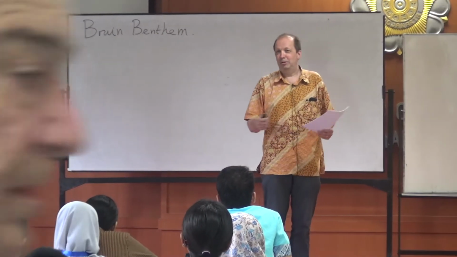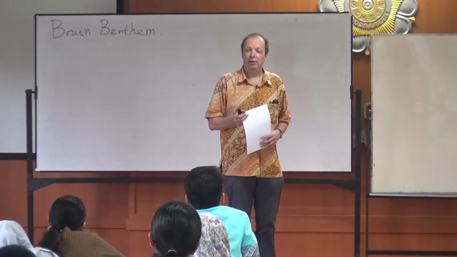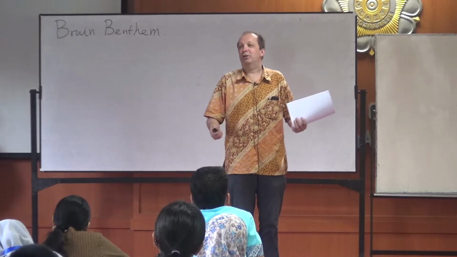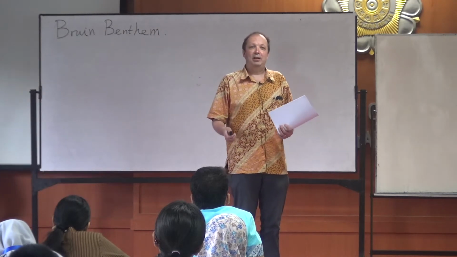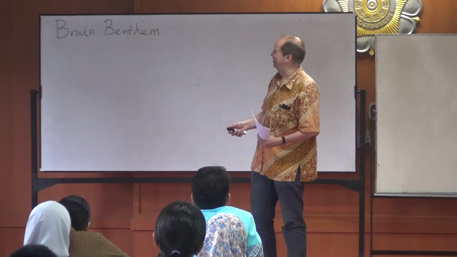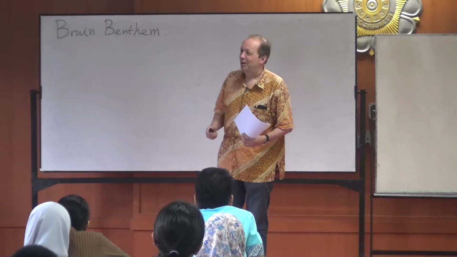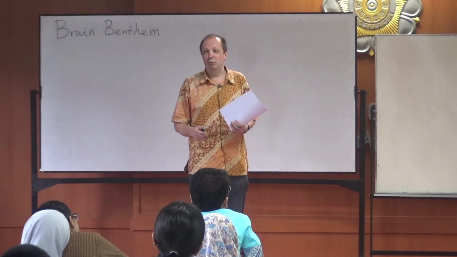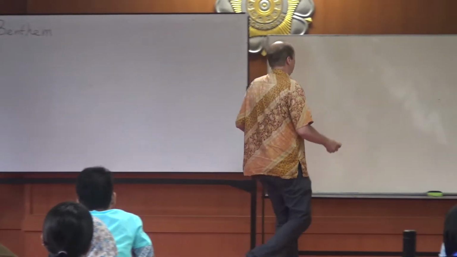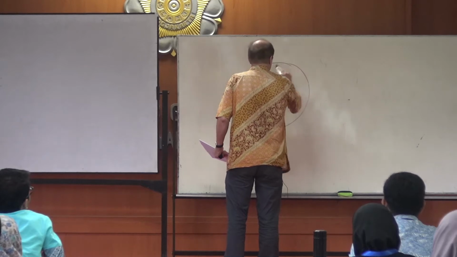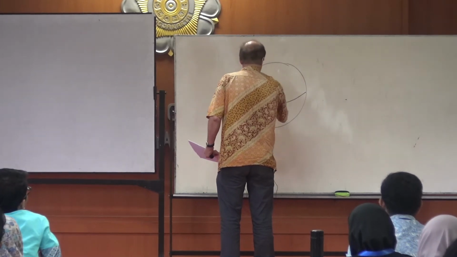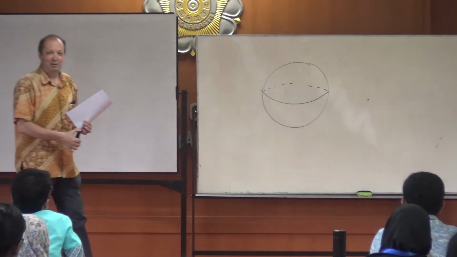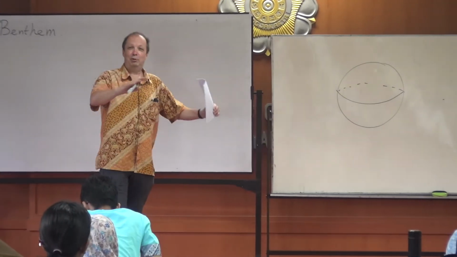When I was part of organizing this school, I thought about what would be a nice geometric goal. What I came up with was Fourier analysis on the two-sphere. The two-sphere is the sphere in R3 of dimension 2. Does that look like a sphere? It's like the surface of the Earth, right?